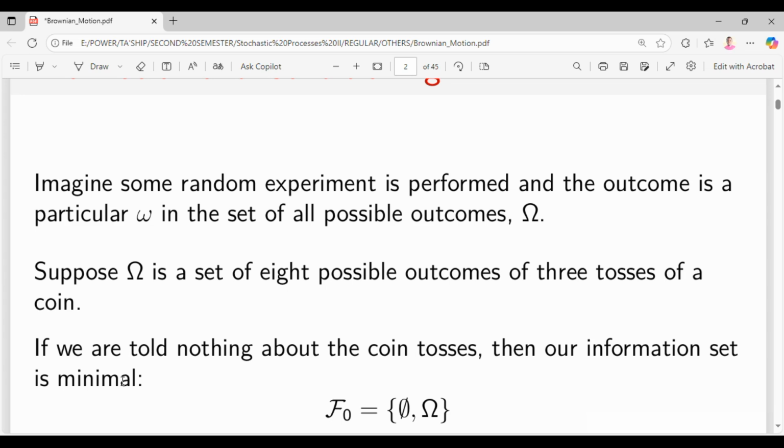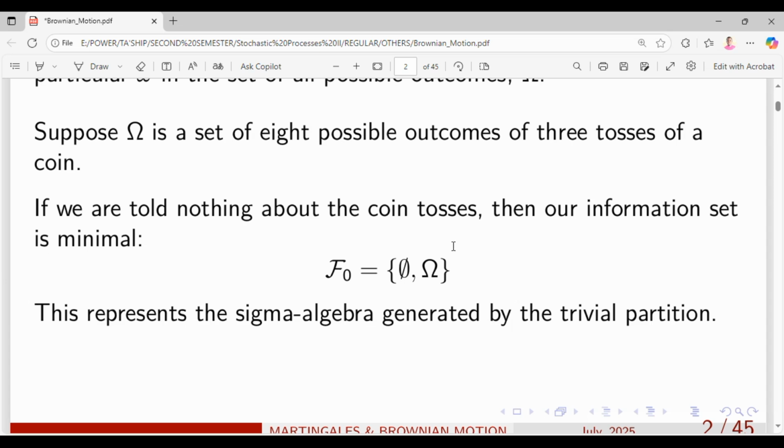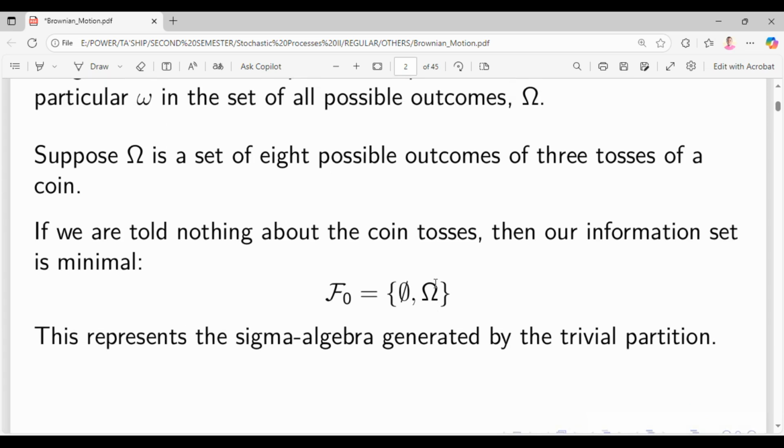If we are told nothing at all, and have no clue about the coin tosses, such as whether the first will be a head or a tail, then our information set is minimal: the empty set and omega. In other words, we have only these two sets. But remember that for a sigma algebra, if a set belongs to it, its complement should also be a member, and the complement of omega is the empty set.